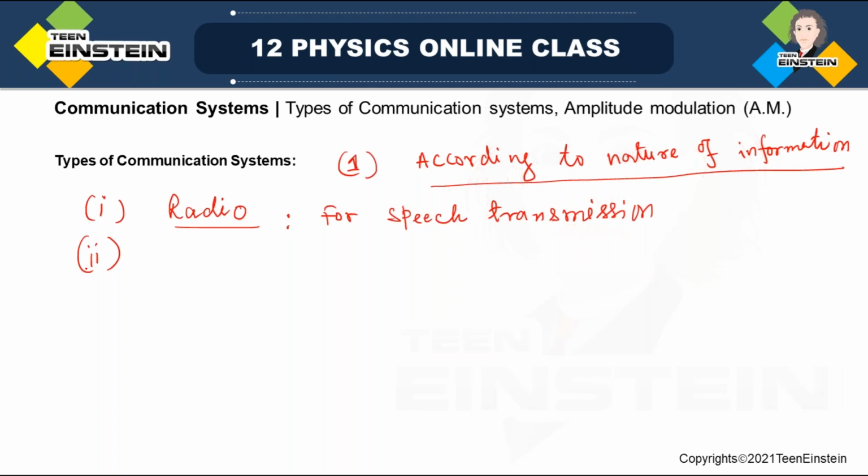fax. You might have learned this or heard this, fax. So fax, it has a full form. I'll write in the bracket. So facsimile transmission, it is called facsimile transmission.